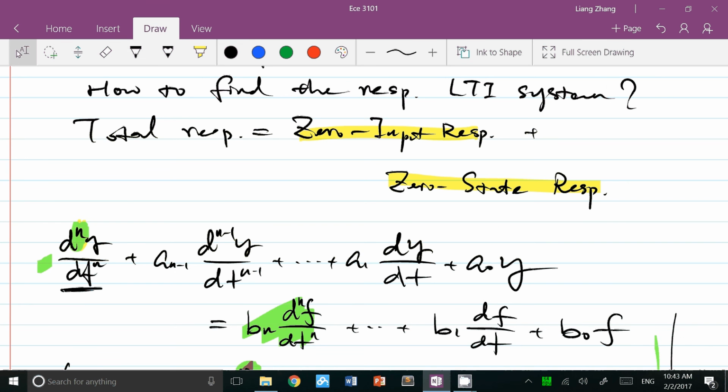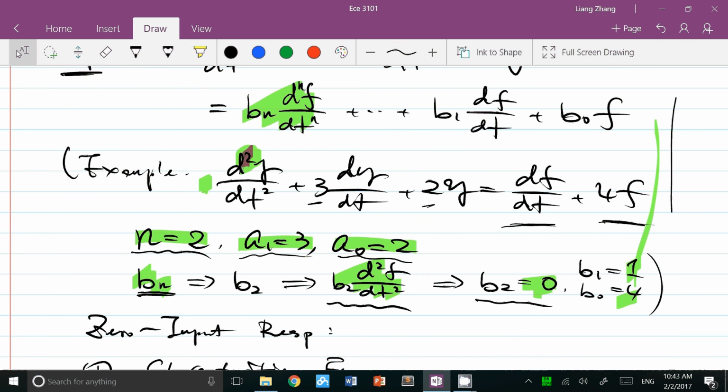Since n equals 2 here, you'll be looking for the term b2 d2f/dt squared, which you don't see on the right hand side. That only means this b2 should be equal to 0, and since n equals 2, this b2 will be the bn term that you will use in the unit impulse response calculation.